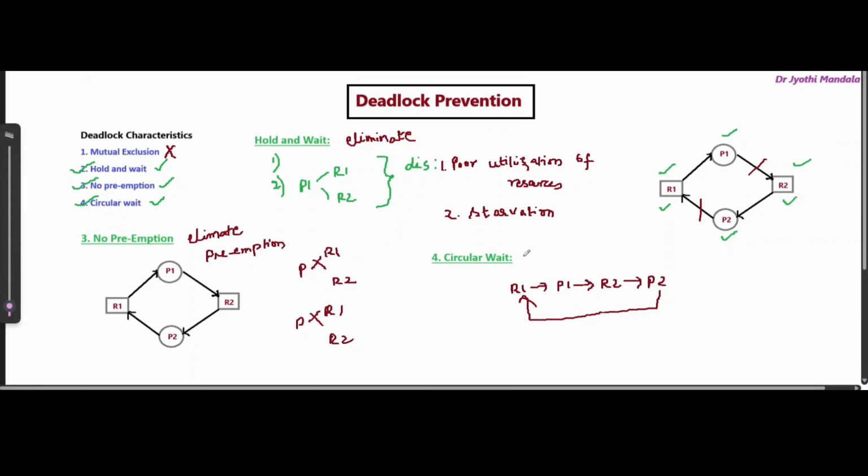Now how can we eliminate this circular wait? The OS is using a mapping function. What is this mapping function? The mapping function is defined as F: R maps to N, where R is resources and N is an integer.